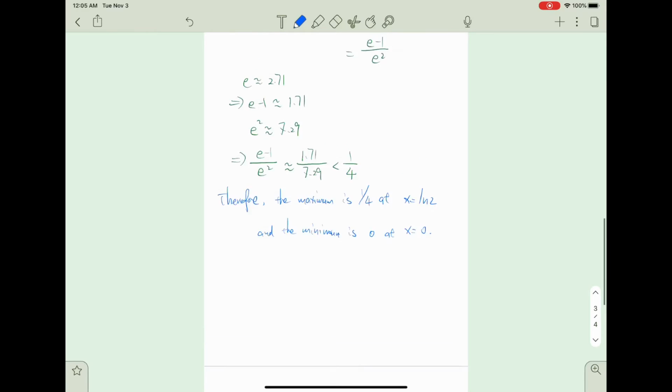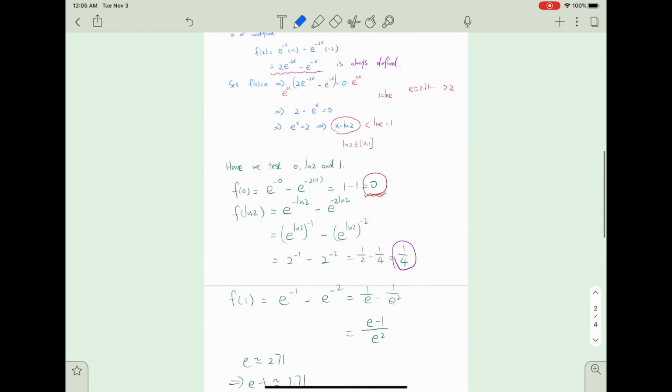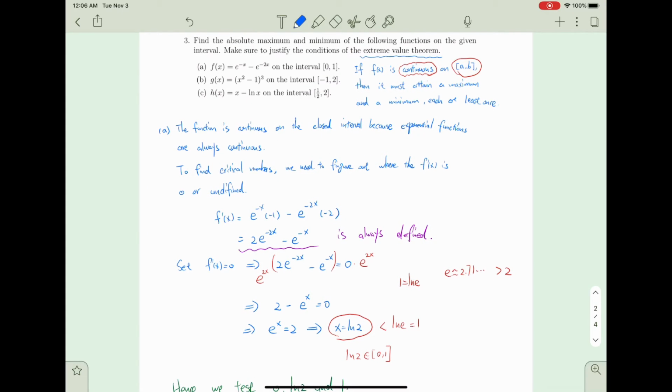We have found the absolute max and absolute min, and we have pointed out where they are. One of them is at x equal to ln2, and the other is at x equal to 0. So that is our question A. And now let's move on to the question B.